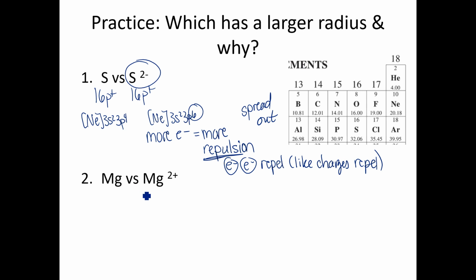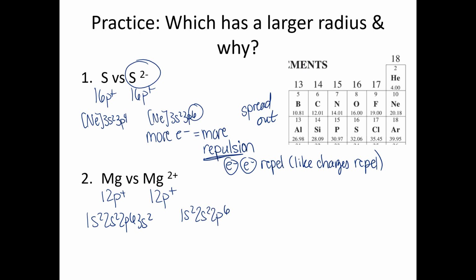All right, how about magnesium versus the magnesium ion? You can't see it on the periodic table here, but magnesium has 12 protons. So will the magnesium ion, because that doesn't change. The neutral magnesium is 1s2, 2s2, 2p6, 3s2. The magnesium ion will have lost those valence electrons.